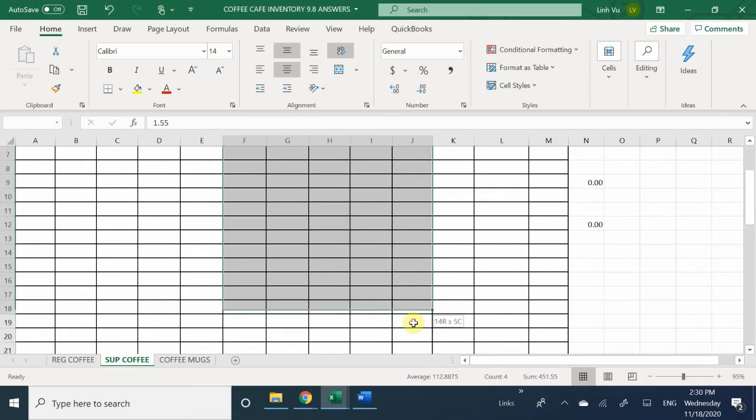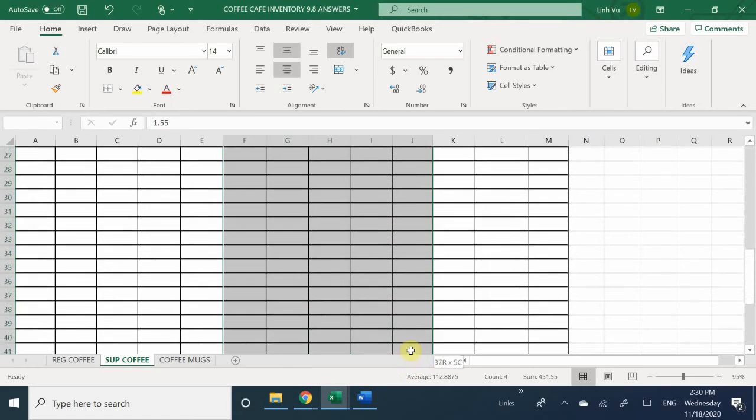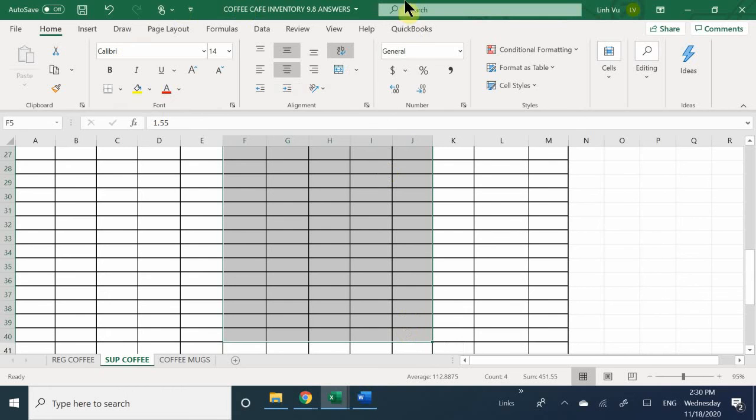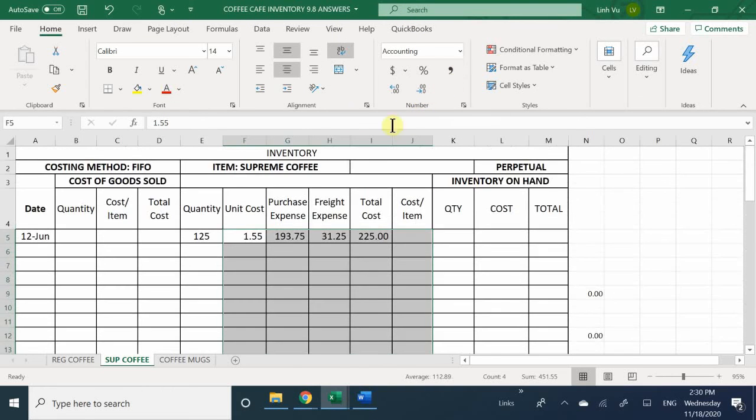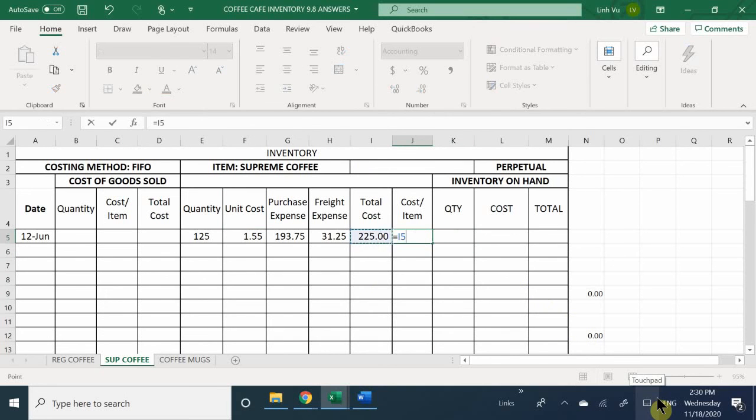And then cost per item is going to be this. So our total cost is $225 and our cost per item is $1.80. Good. Okay, so far we have good solid numbers.